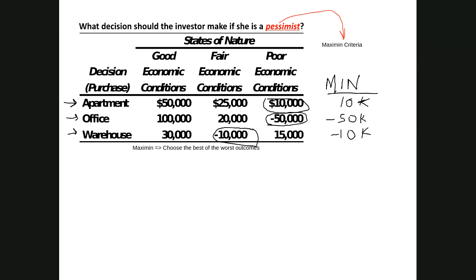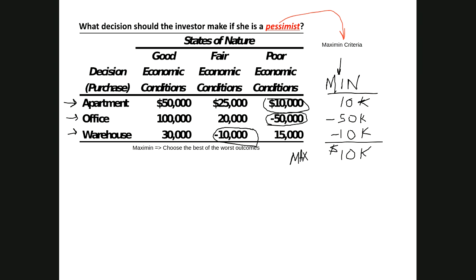And then from among these three represent the worst that can happen given any decision. And from among these three, we're going to choose the maximum, or we're going to choose the best of these, of the worst. And of course, that is 10,000. The best of the largest return is $10,000, and we would invest in the apartment.